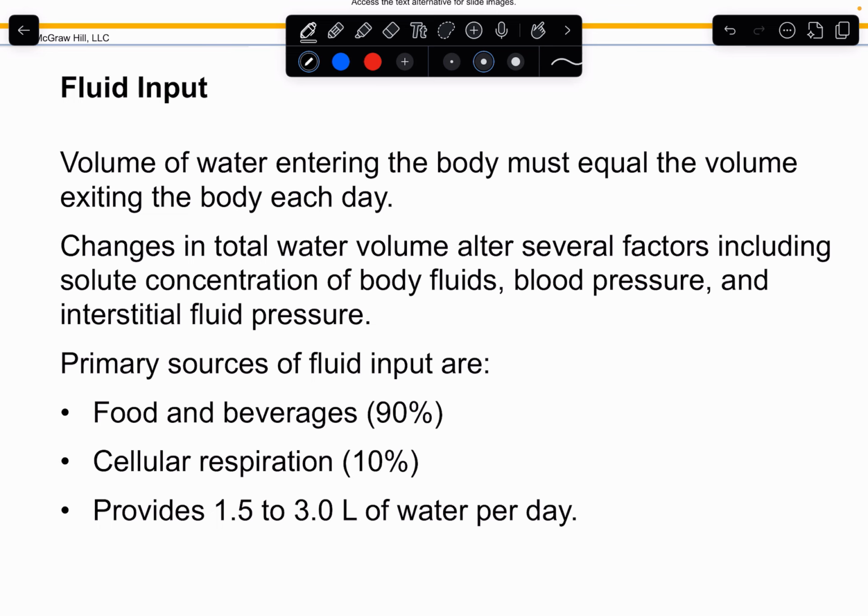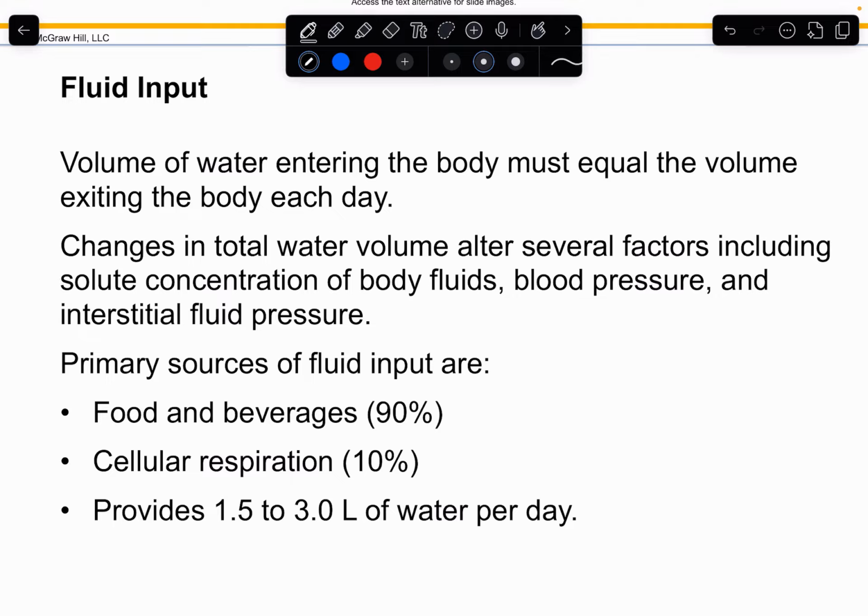So fluid input. The fluid balance depends on maintaining a balance between water entering the body and water leaving the body. We just saw that. The body receives water from three major sources.